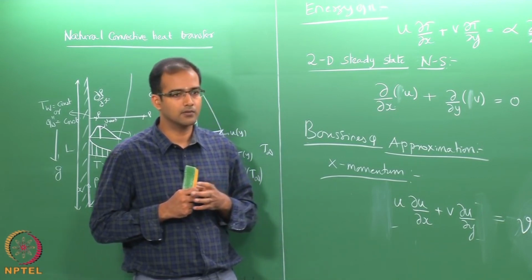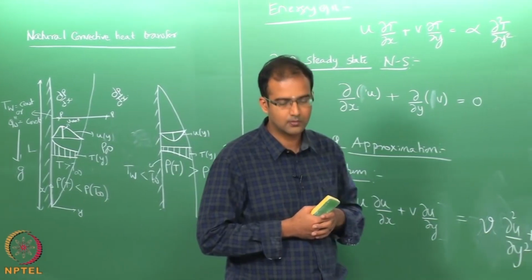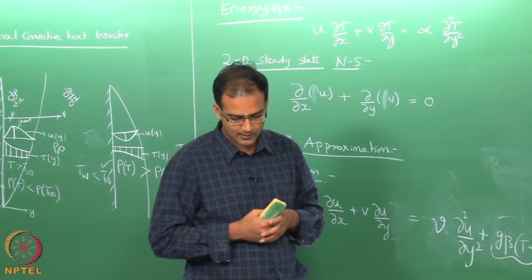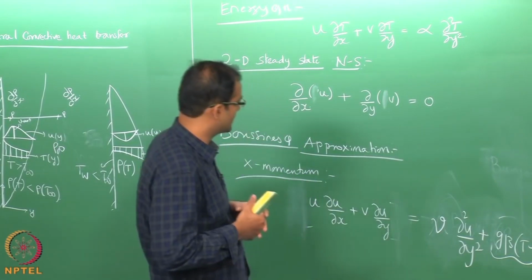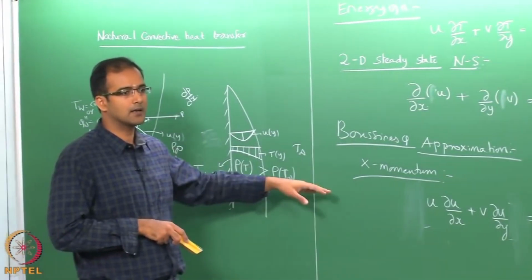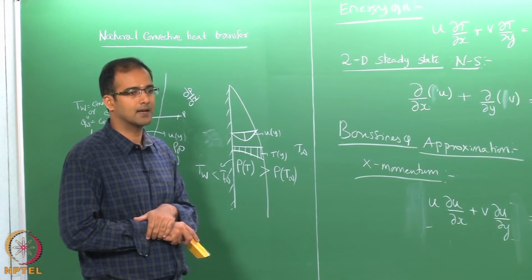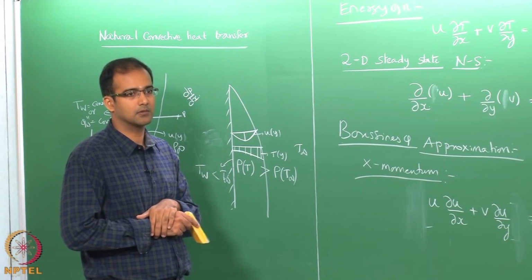Now, we will see in the due course of another 1 or 2 lectures how to solve these equations for different boundary conditions. But before doing that, now that we have derived the governing equations, let us try to non-dimensionalize them taking some reference parameters and see what non-dimensional numbers come out.